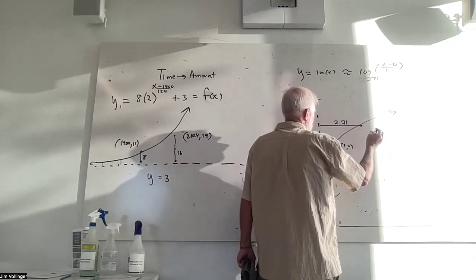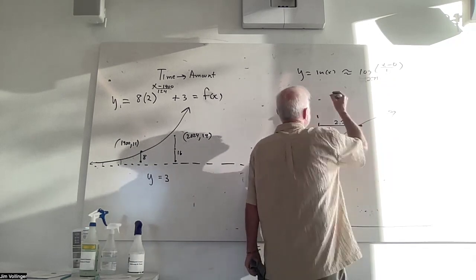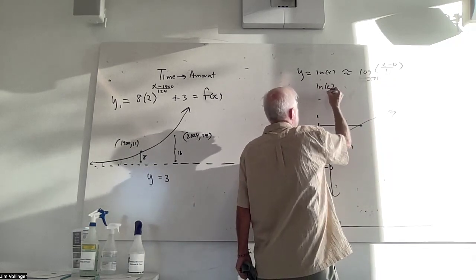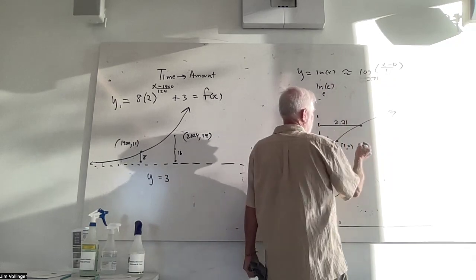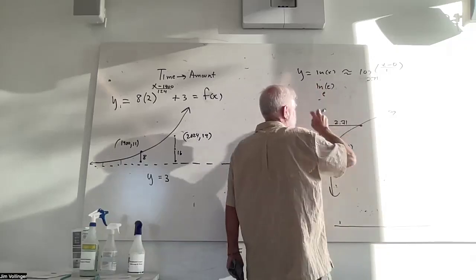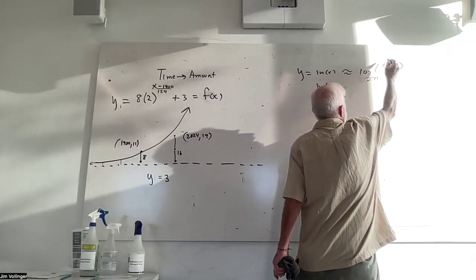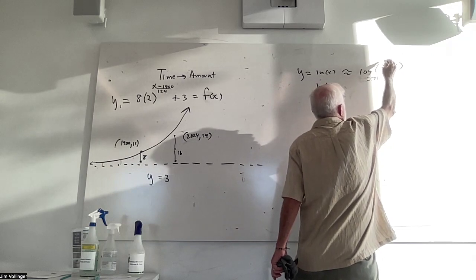This one is 2.71, which gets you really the ln of e, and it's base e, right? So that gets me a differential of 1 times 2.71, and that happens when I make x equal 1.